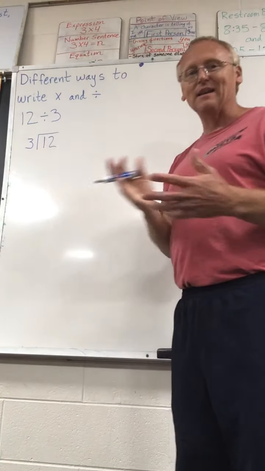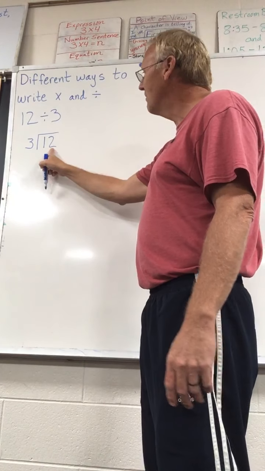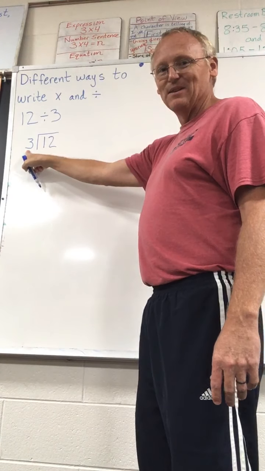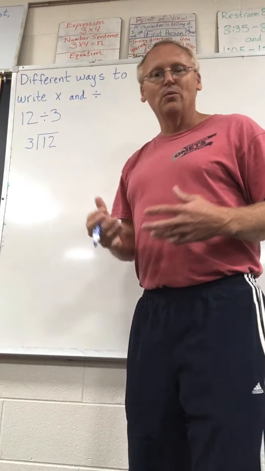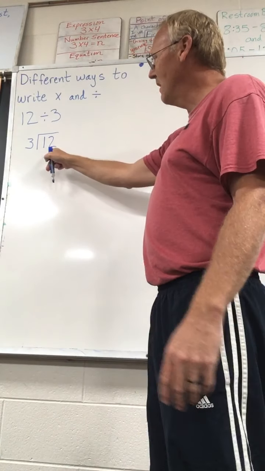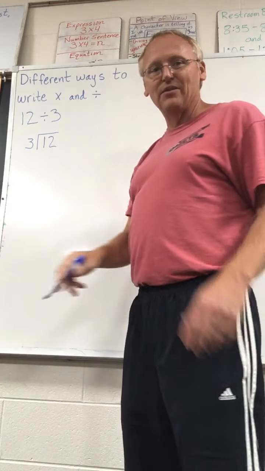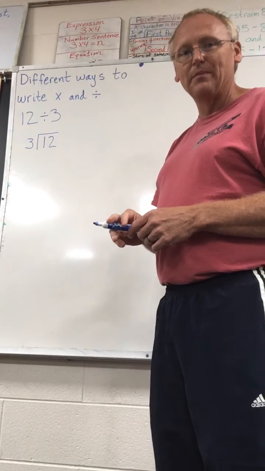When you read it, you kind of read it backwards from what you're used to. You would say 12 divided by 3. Over here, you go from left to right, 12 divided by 3. So when reading it in a box, you actually read it backwards: 12 divided by 3. So the box is another way you can write a division problem.